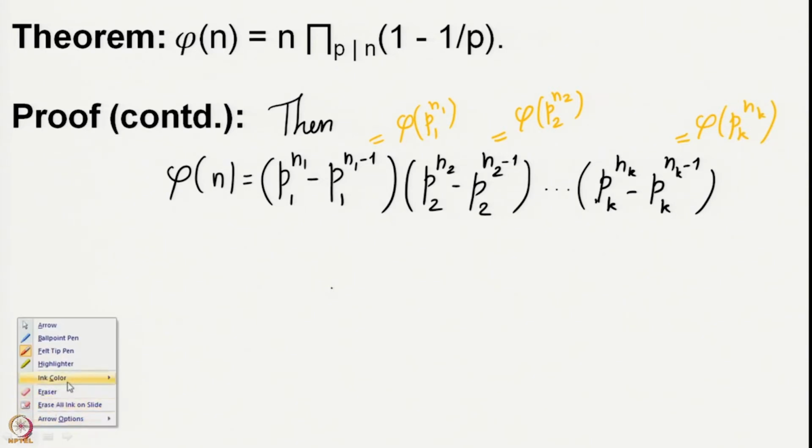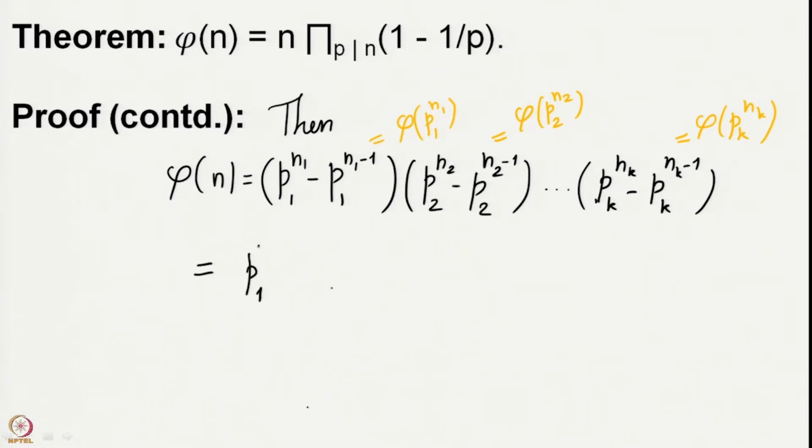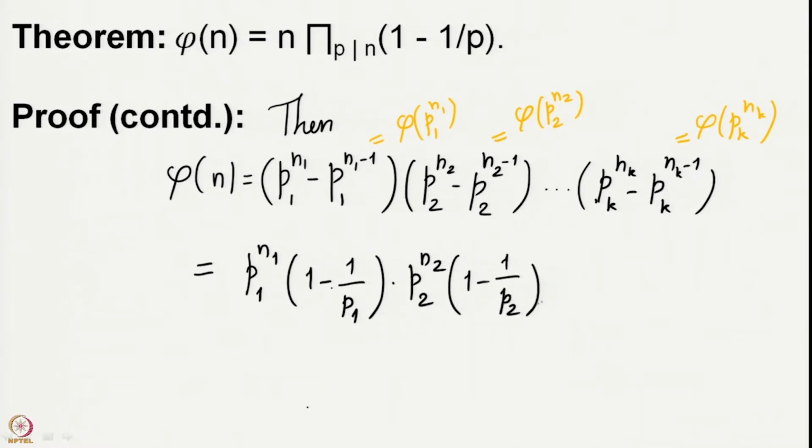But now it is a simple thing to take the p1 power n1 outside from here. That will give us 1 minus 1 upon p1. Then we have p2 power n2 and inside we have 1 minus 1 upon p2.